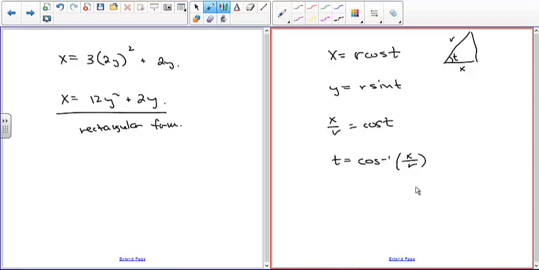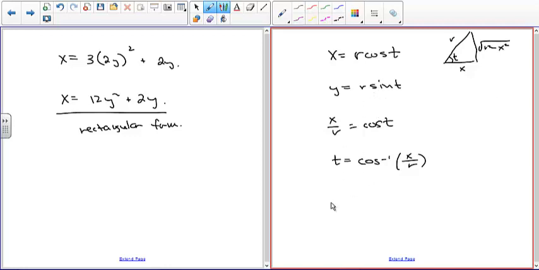The cosine is the adjacent over the hypotenuse, so x is the adjacent side length and r is the hypotenuse. From that, using the Pythagorean theorem, I can find the opposite side, which is going to be the square root of r squared minus x squared.